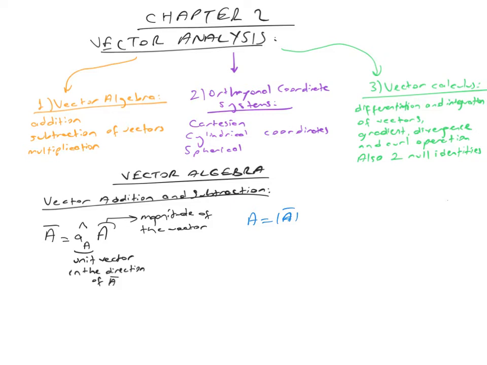As I said before, absolute value of a unit vector is equal to 1. As it is seen from our vector representation, unit vector is equal to vector over its magnitude. And it is important to note that two vectors are equal if they have the same magnitude and same direction, even though they may be displaced in space.